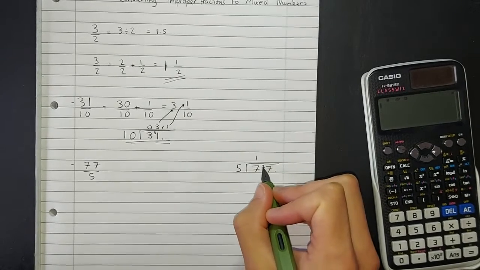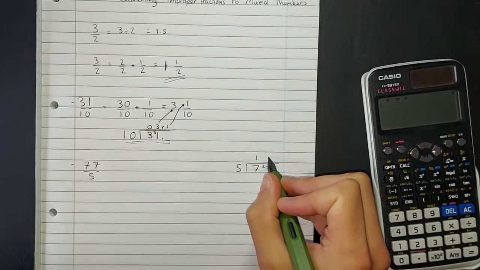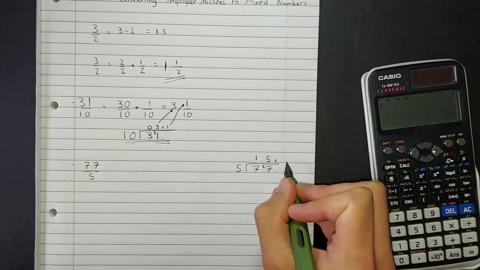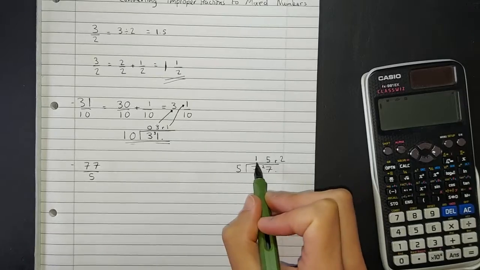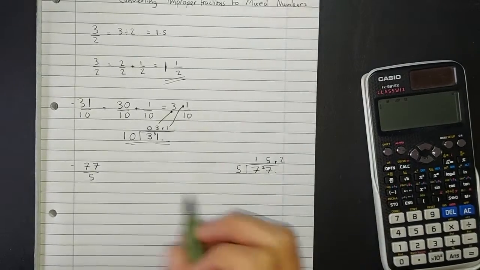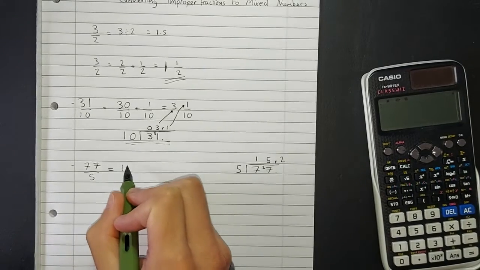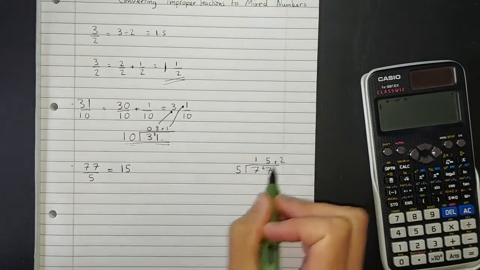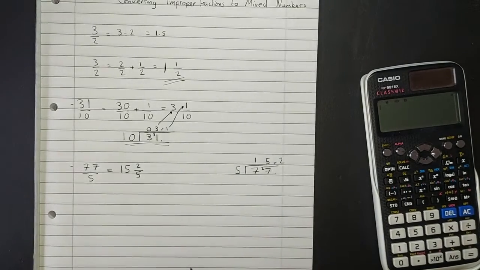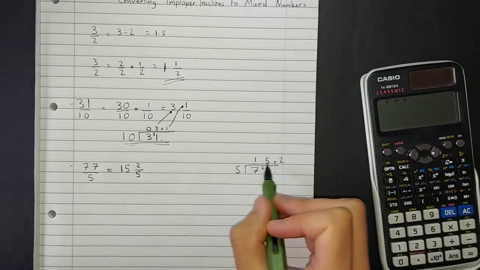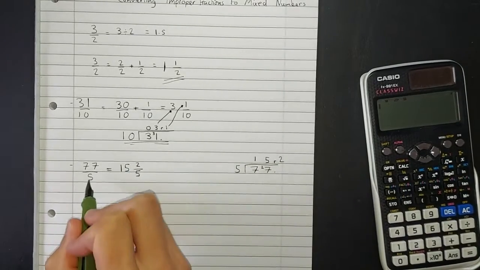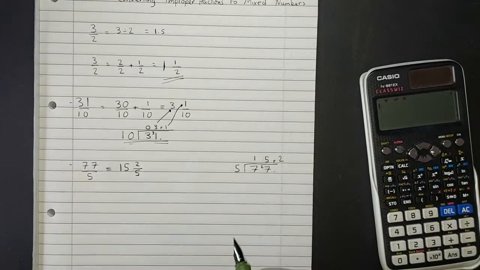Now, how many 5s go into 27? That is 5 with a remainder of 2. So I'm going to write it like this. Remember, this is your whole number part, and this is what goes over, the numerator of your new fraction. So you can think of this as 15 and 2 fifths. Again, this number is your whole number part, this number is your numerator, and your denominator has stayed as 5.